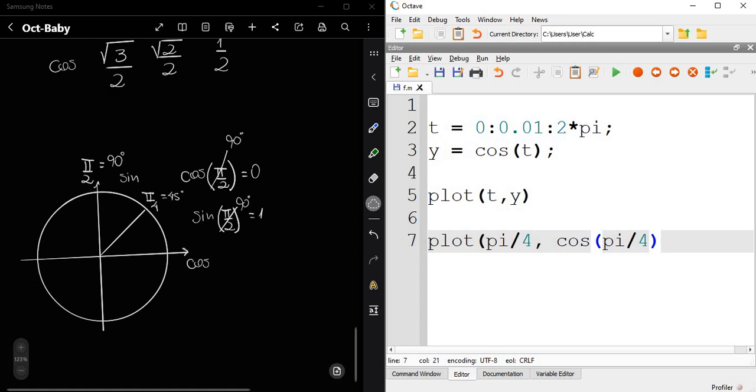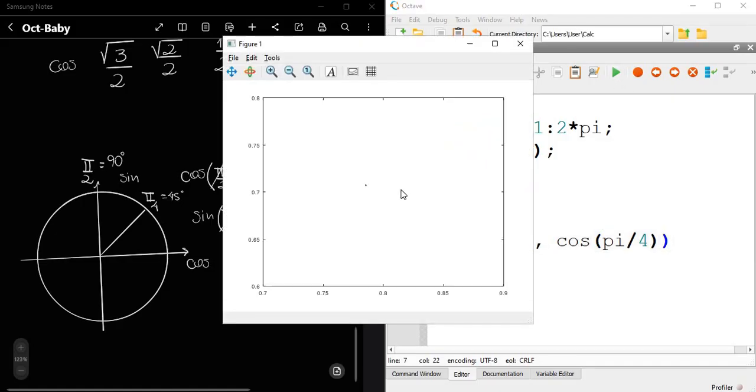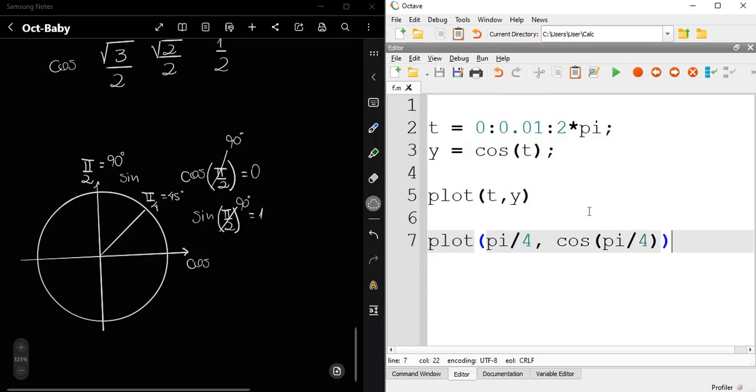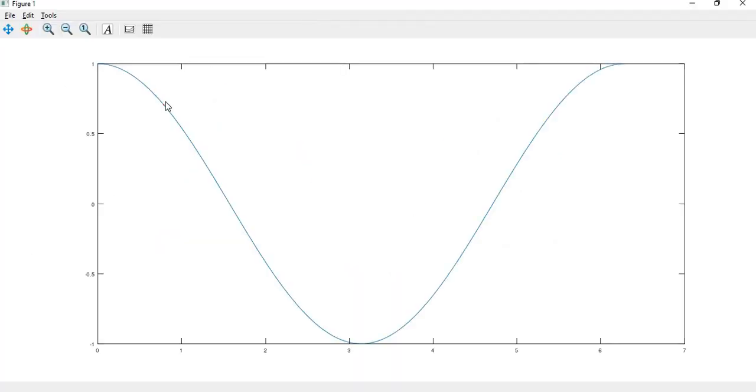Let's see. Let me close. If we add hold on, we can plot both of these lines, and now right here is probably the angle of 45 degrees.